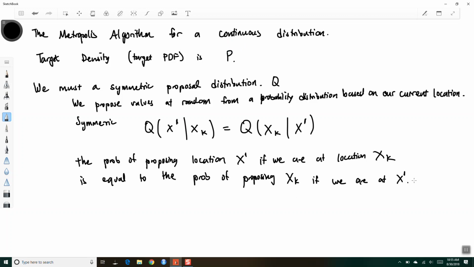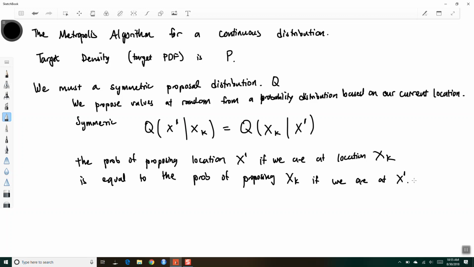Okay, so in the island hopping example, we used a coin flip, and that's symmetric, right? The probability of proposing island 5 if you're at island 4 is 1/2.